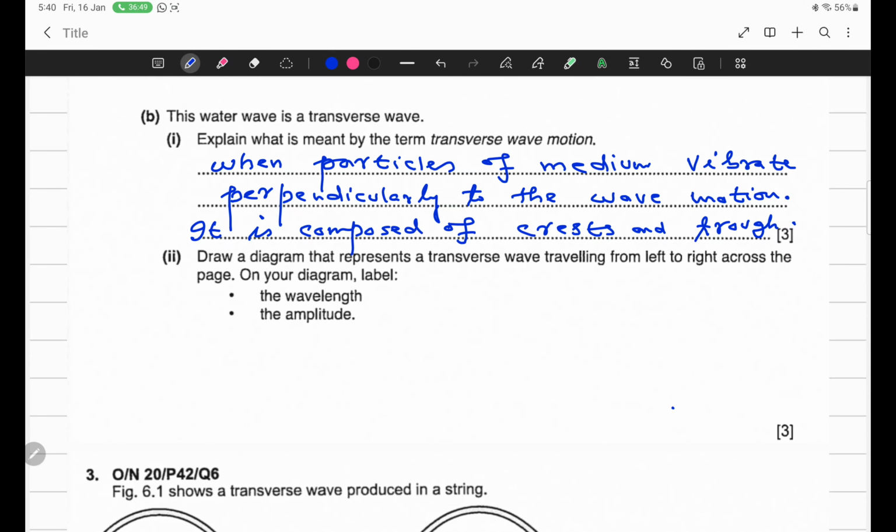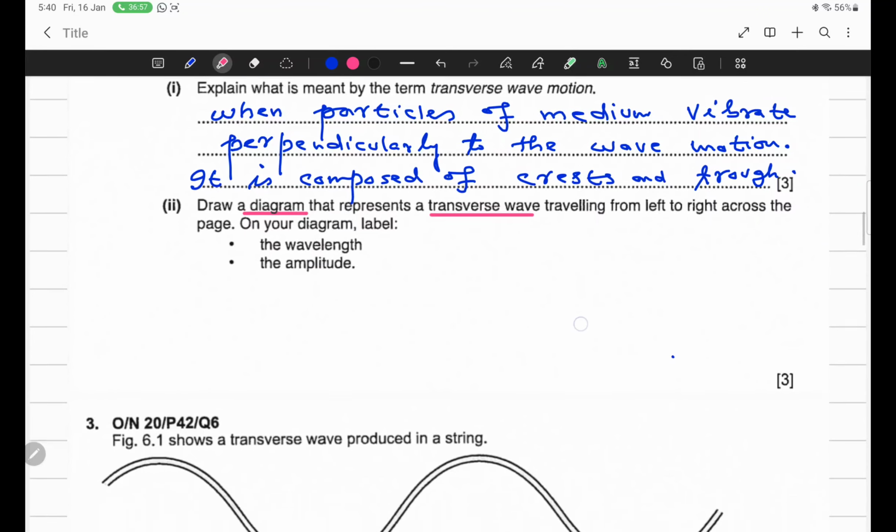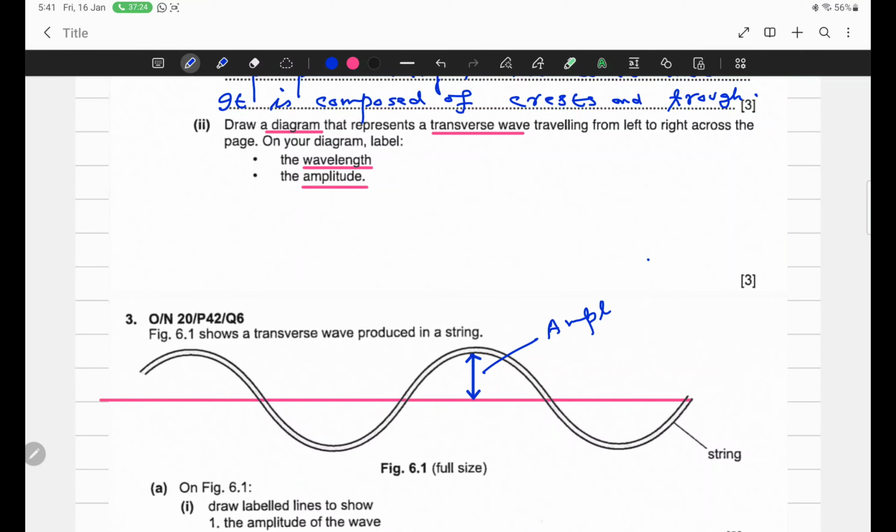So this is the proper definition of transverse wave, and in the next part they are asking to draw a diagram of a transverse wave, which I am not drawing because in the next question I have copy-pasted another transverse wave. This is the question as well as the answer. In this drawing, you have to label one wavelength and the amplitude. To show amplitude, I am drawing a vertical blue double-headed arrow, and I am writing this is the amplitude of the wave.